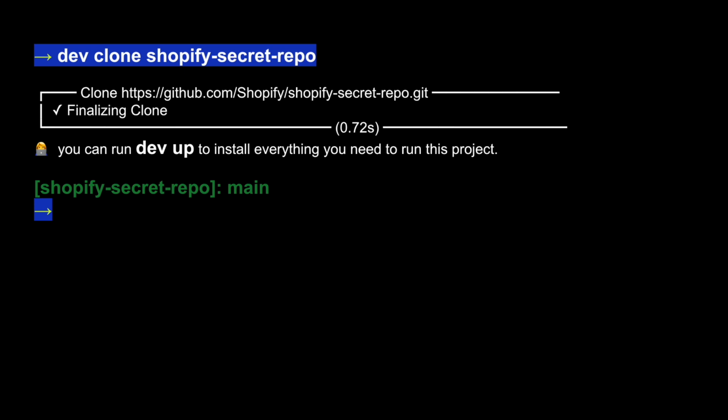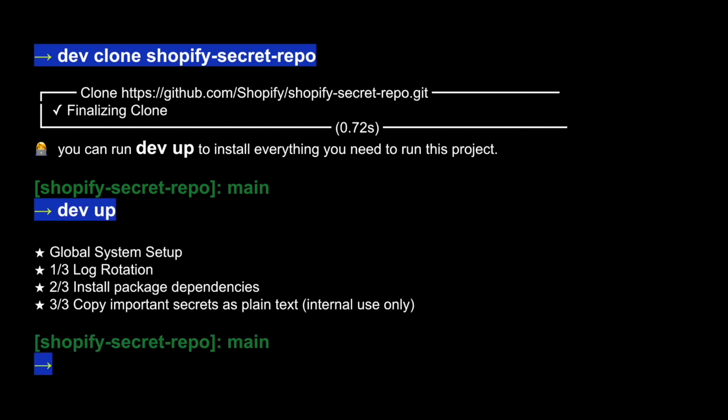It gives you right away a prompt saying that you can run dev up to install everything you need for the project, and let's do that. Here we go. So we can see it installed all the dependencies and copied all the secrets needed. Of course, for big projects, there will be lots and lots of steps to set up the environment.